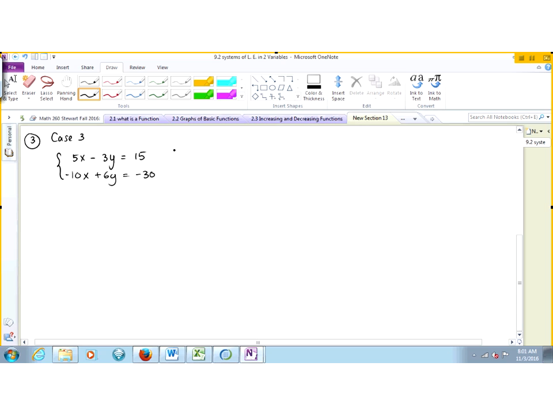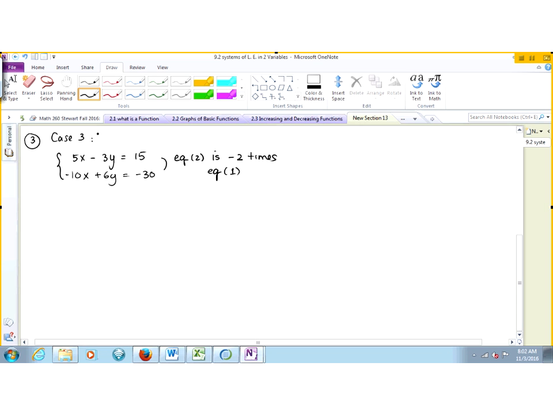All right. So what do you see about the first equation and the second equation? Equation 2 is what? Is negative 2 times equation 1. Right? Are they equivalent?